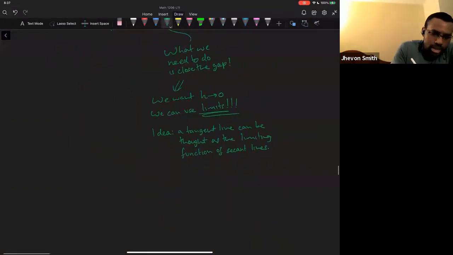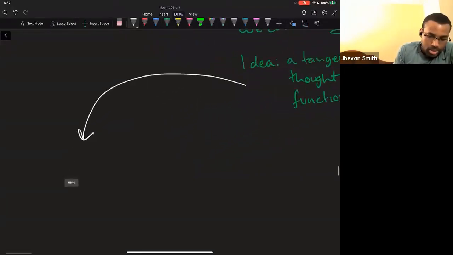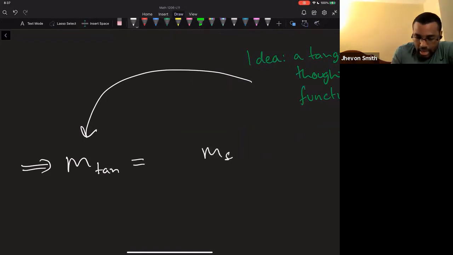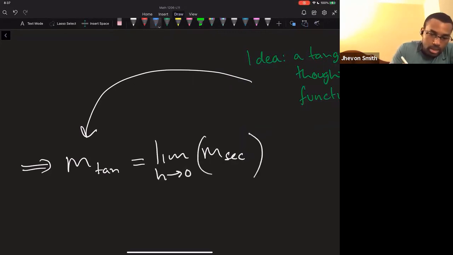And so that kind of tells you the other big idea. This means that the slope of the tangent line is going to be the same as the slope of the secant line, but with one minor difference. We are going to take limits as h approaches 0 of that guy. This is going to be the slope of the tangent line here.